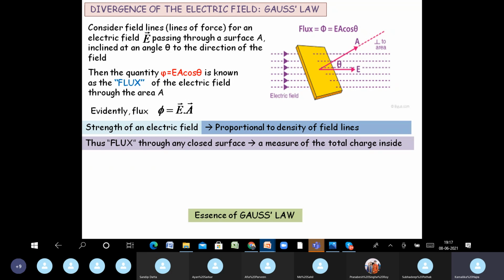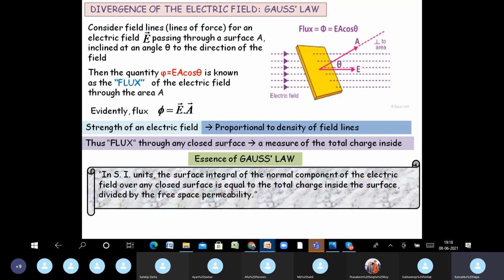So we are dealing here with closed surfaces enclosing a certain volume in which there is a charge, or a charge distribution, or several charges. The statement of Gauss's law, in SI units, is that the surface integral of the normal component of the electric field over any closed surface is equal to the total charge inside the surface divided by the free space permittivity.